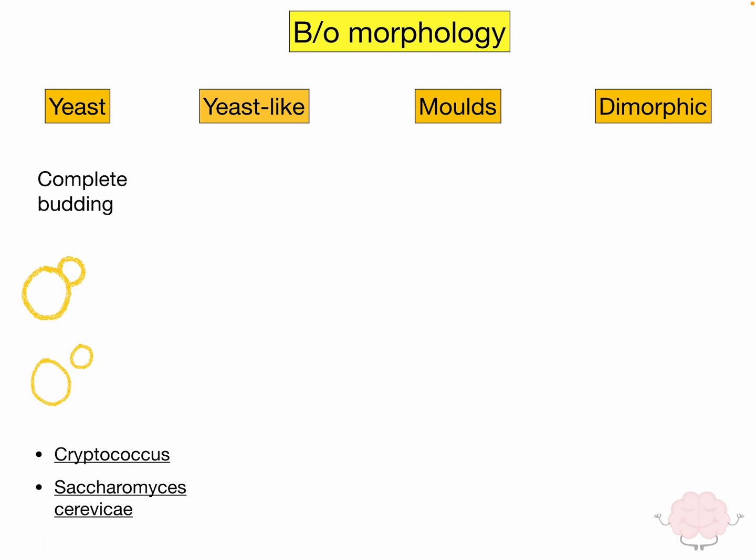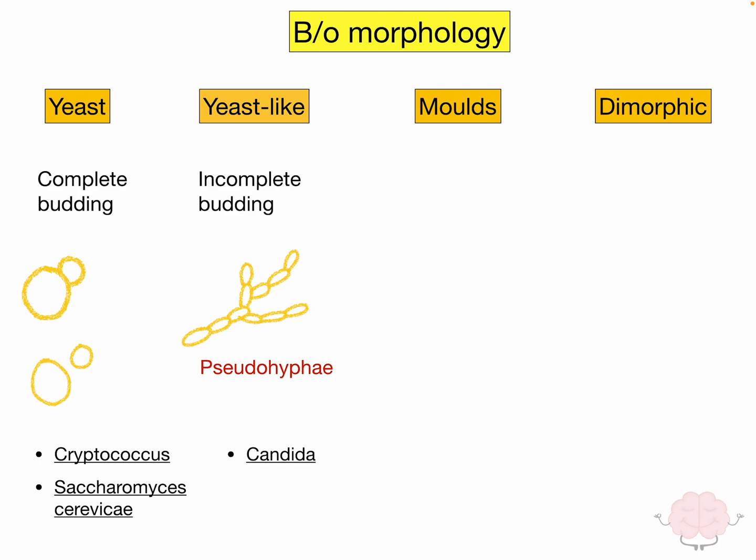Yeast-like fungi are the fungi which undergo incomplete budding, meaning the daughter bud does not separate from the parent bud, so they keep on attaching themselves line by line. They form a structure known as pseudohyphae. This is seen in Candida and Trichosporon.